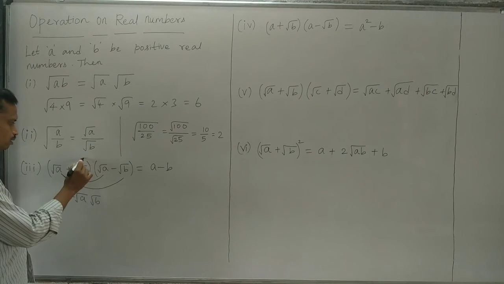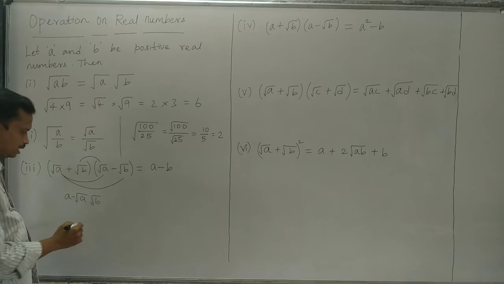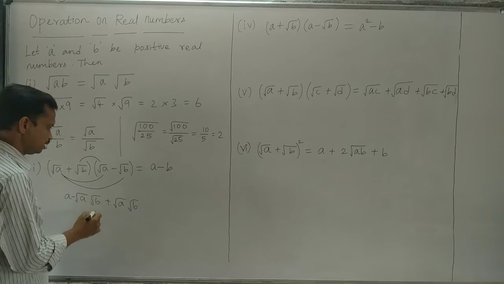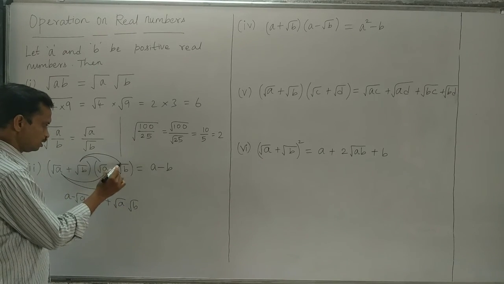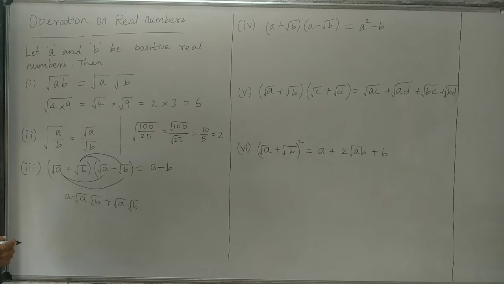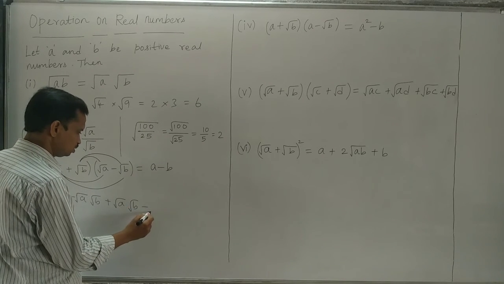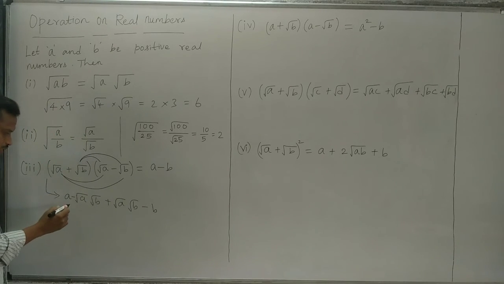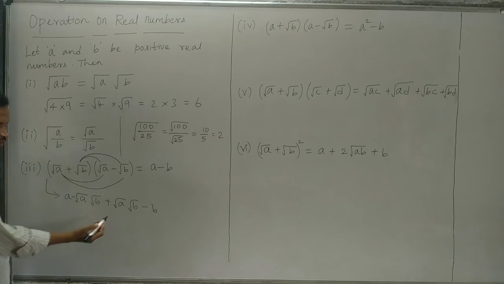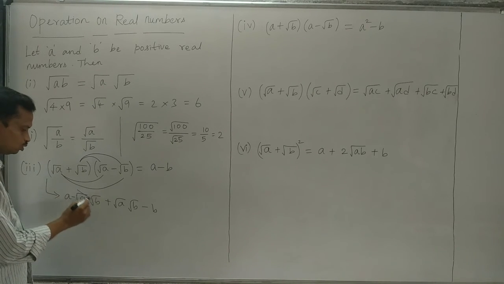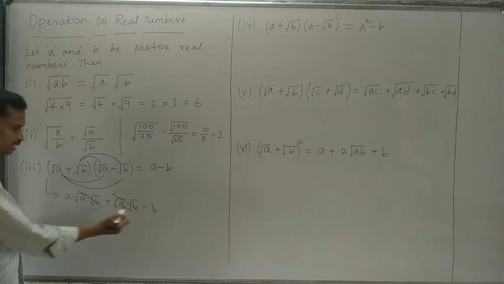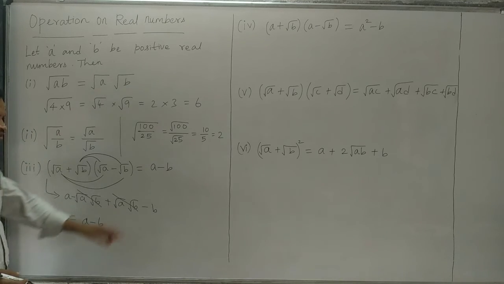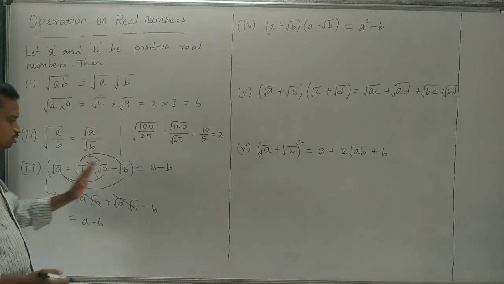Then if you multiply root b into root a, plus, again you can write as root a into root b, and if you multiply root b into minus root b, we get minus b. And you see, this is minus root a into root b, this is plus root a into root b. So they cancel, and only a minus b is there. A minus b. So which is on the right side? A minus b. So just simple multiplication.